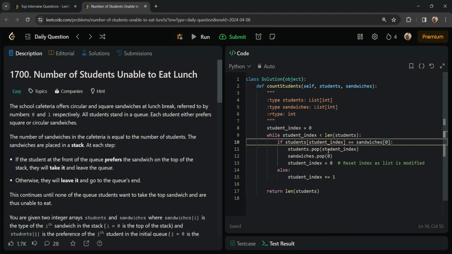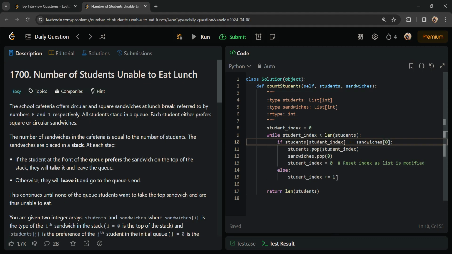If they are equal, meaning their demand is satisfied, we pop both elements from the stack and queue, and we reset the student index to 0, because the whole line has changed. Or else we increment the student index by 1.